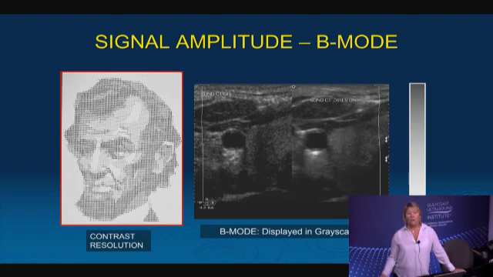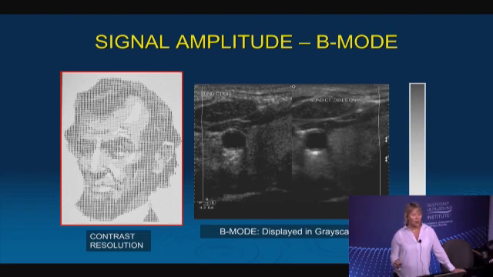Now, one of the things that you're going to do when you first start scanning is first pick the appropriate transducer, and then we're going to tell the machine what kind of exam we're going to do. When we select the appropriate icon, let's say we're going to do a FAST exam, it's already going to default your controls for an average size patient. So your gain settings will be adjusted appropriately for an average size patient.